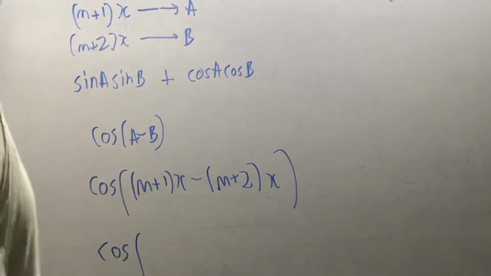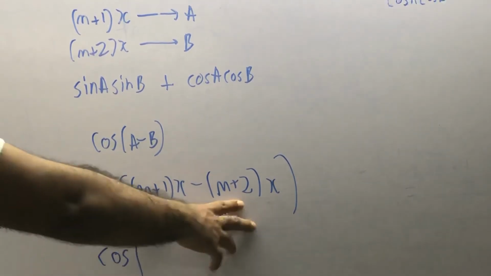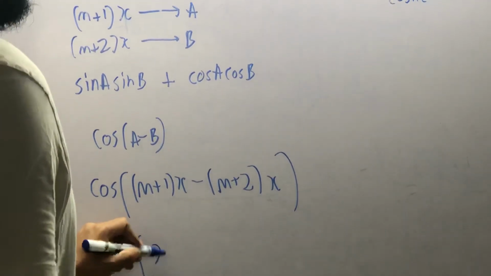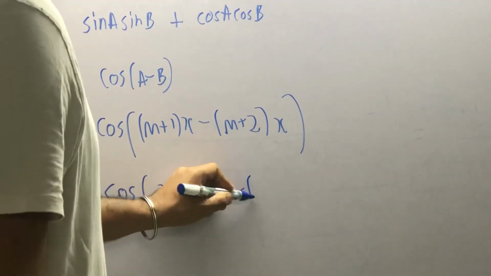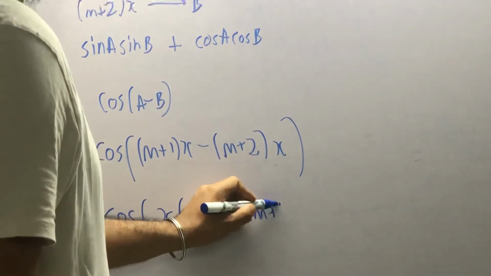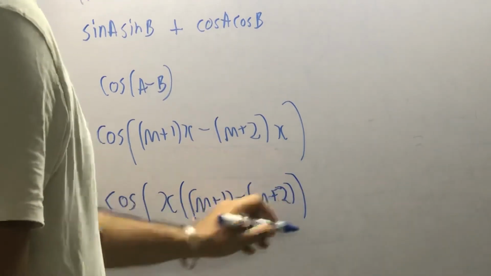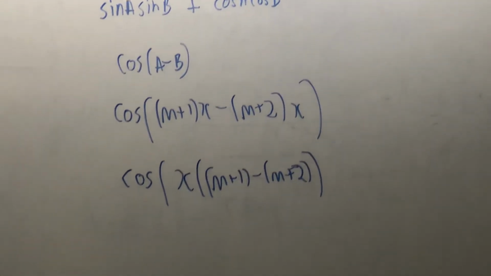We can take x common from both of these. So it will be cos x times ((n plus 1) minus (n plus 2)).